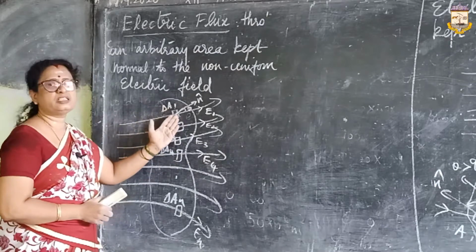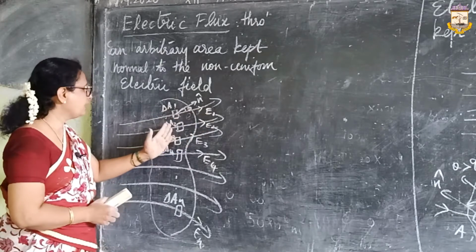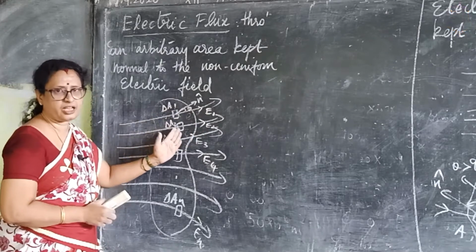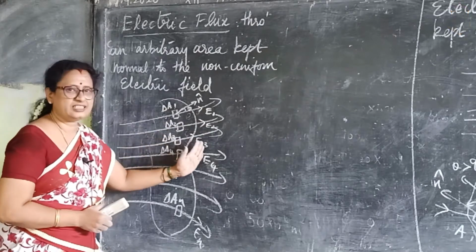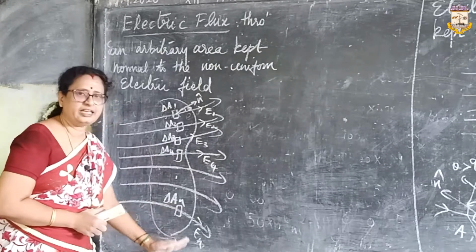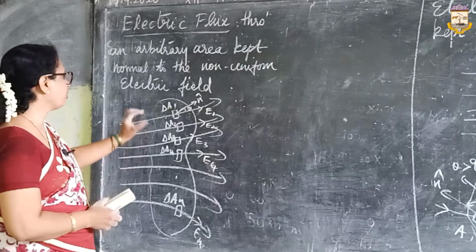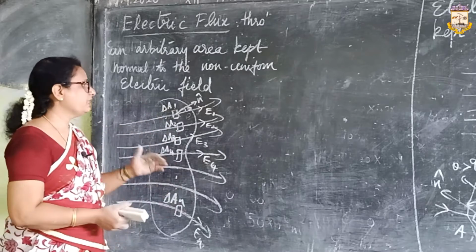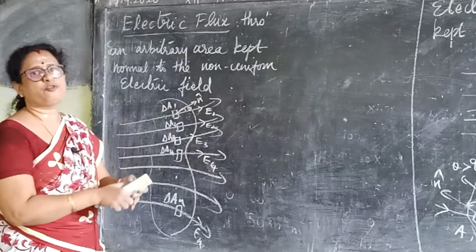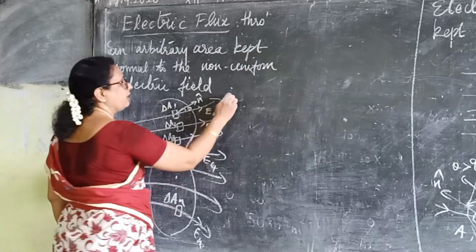Say in this very small area element del A1, the electric field is E1, and for this smaller area element del A2, the electric field is E2. Del A3, it is E3. Similarly for del AN it is EN. You have to find the electric flux for each smaller area element, and the total electric flux is got by the summation of all these electric fluxes due to these smaller area elements.